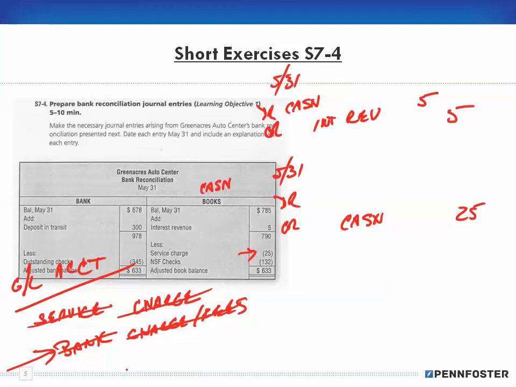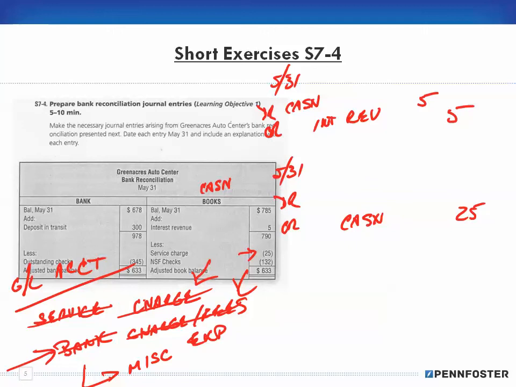So almost all businesses will have a miscellaneous expense account. Quite often you'll look at your chart of accounts and put it in the miscellaneous expense account, especially if you don't see a bank charge or service charge account. If you see one of those, then yes, you put the service charge in those accounts.